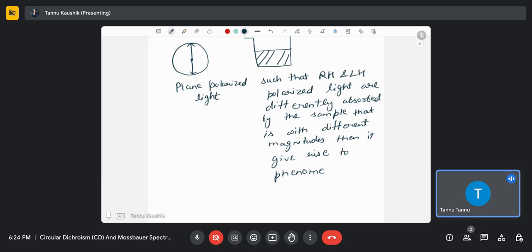So the right hand component and left hand component of a plane polarized light are differently absorbed by the sample, so it gives rise to two differently absorbed lights, and this phenomenon is called circular dichroism.